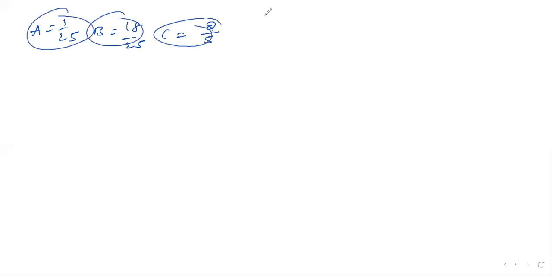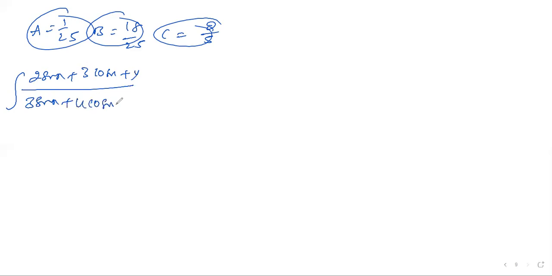Now let us take a question, and I directly substitute because it's still too long for us. So integration of (2 sin x + 3 cos x + 4) by (3 sin x + 4 cos x + 5) dx. I don't want to waste our time, because already you know this is the place you need to substitute the values. What's the value of a now? 1 by 25 integration, of the derivative of this one.